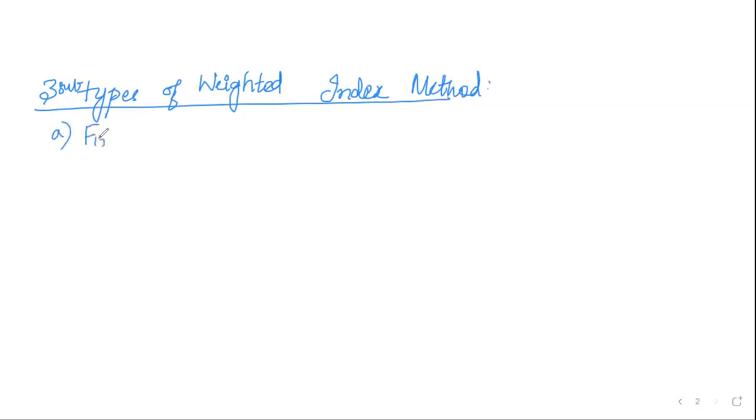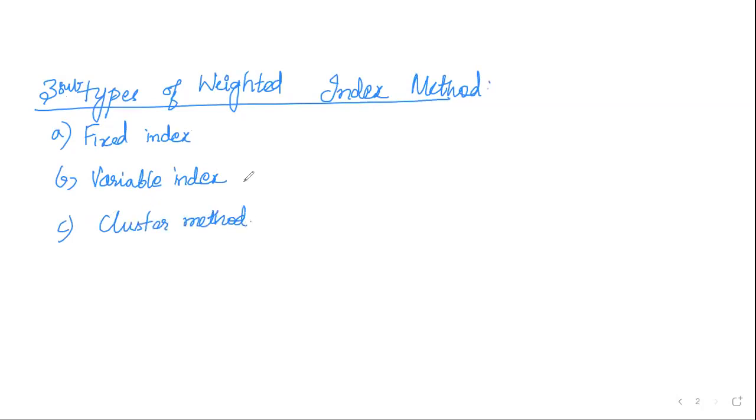First one is fixed index type. B, variable index type. C, cluster method. All right. So let's look at each of them separately.